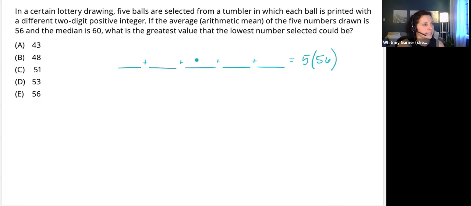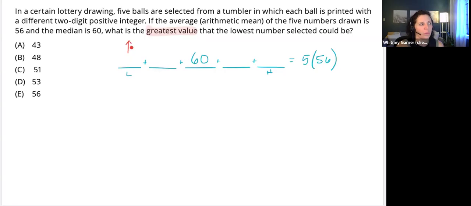The median is 60. I'm going to make this the lowest and this is the highest. And the question is asking, what is the greatest value for the smallest one, for the lowest number? So I want to make this number as big as possible. So think about the fact that I have to add all of these numbers together.